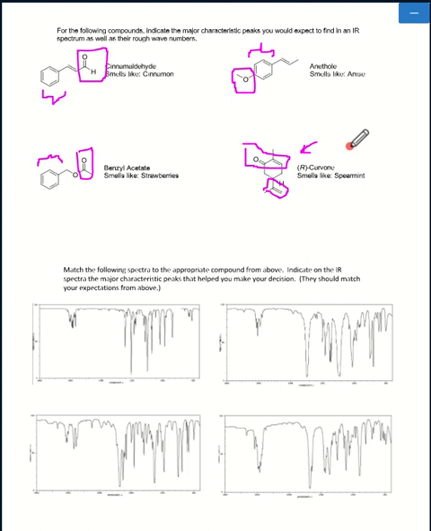An aldehyde hydrogen, in the case of the top left molecule, cinnamaldehyde, would show up as a little corner around 2900. Sometimes it shows up as a little doublet peak. Just list what kind of bonds and what wave numbers you would see them around, and then start trying to identify the bottom spectra to one of these 4 molecules.